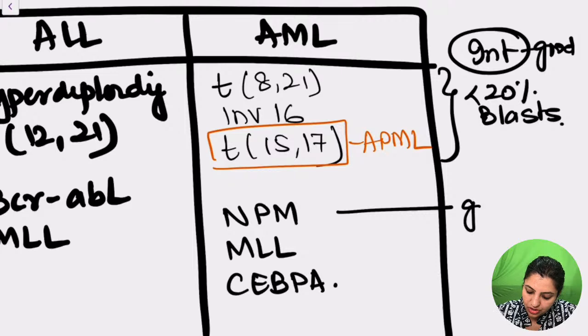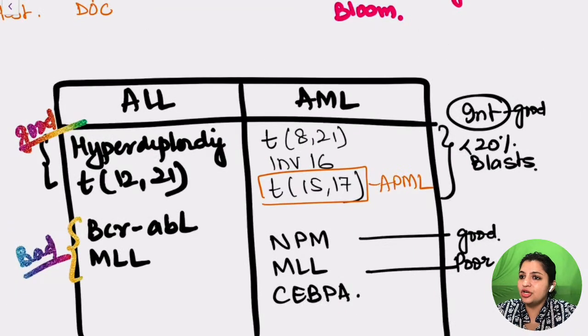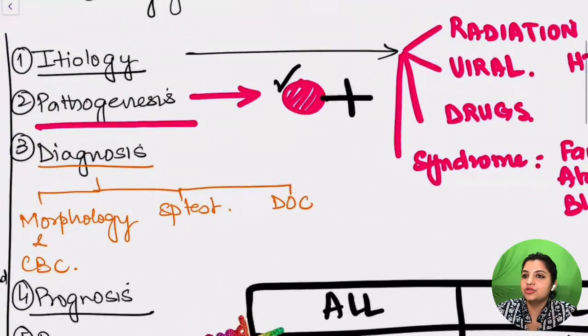NPM is good, MLL is poor, and CEBPA is still under evaluation, but it is better than MLL. So that is the pathogenesis part. There is something which blocks the differentiation, write down the mutations there, and your pathogenesis is done.